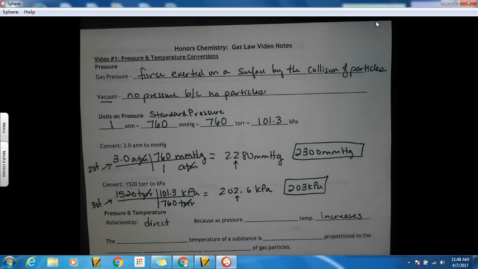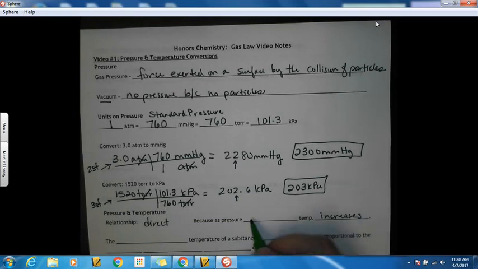If they're moving more quickly, they're more likely to collide with each other and with their container, and so then the pressure also increases. Please note that this says pressure. Make that correction.